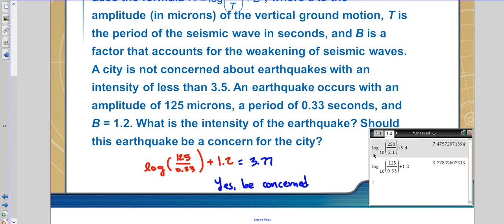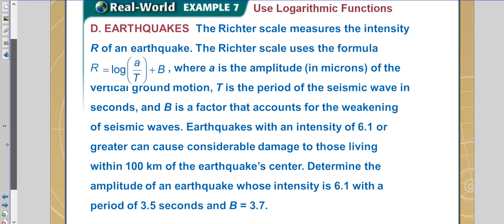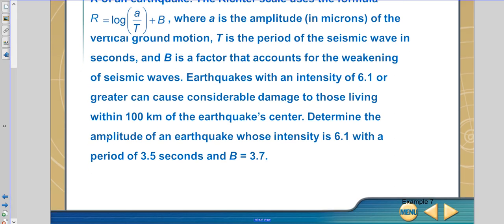All right, and now part D. It says earthquakes with an intensity of 6.1 or greater can cause considerable damage to those living within 100 kilometers of the earthquake center. Determine the amplitude. All right, amplitude. This time we're looking for A, whose intensity is 6.1.